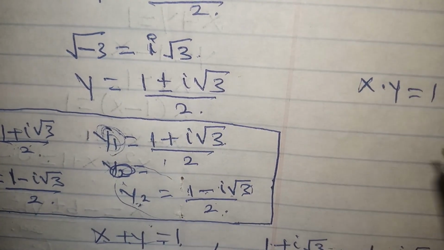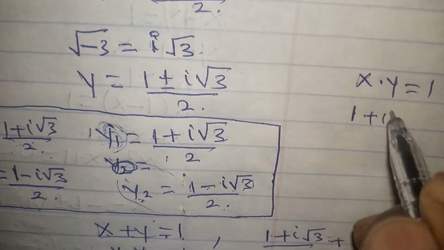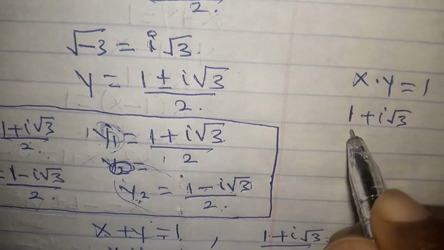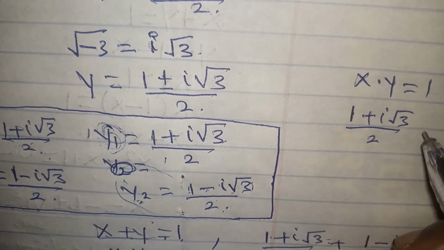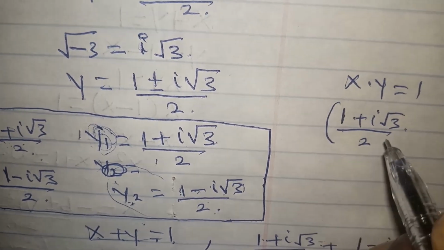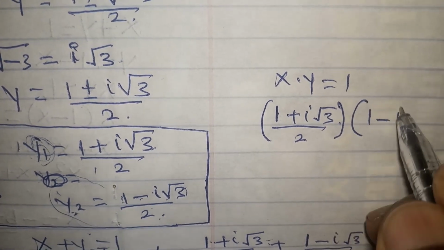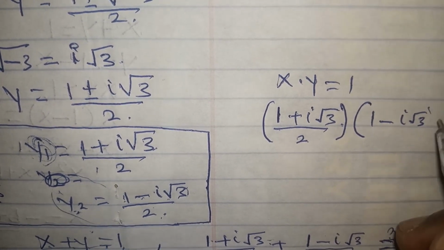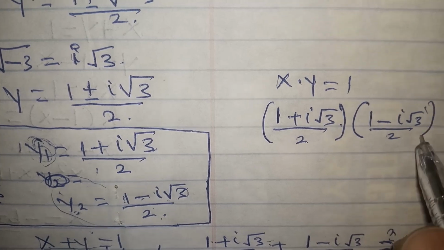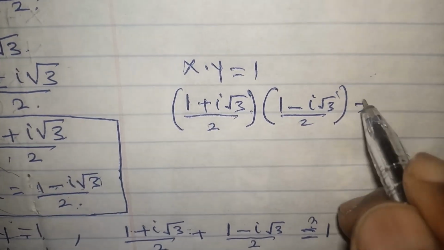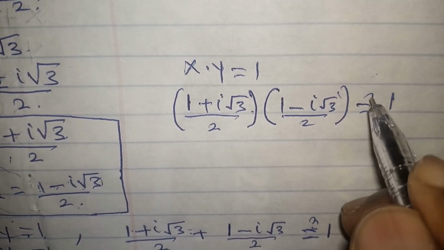So we are having (1 plus i root 3) over 2, times, we can put a bracket here, (1 minus i root 3) over 2, is equal to 1.